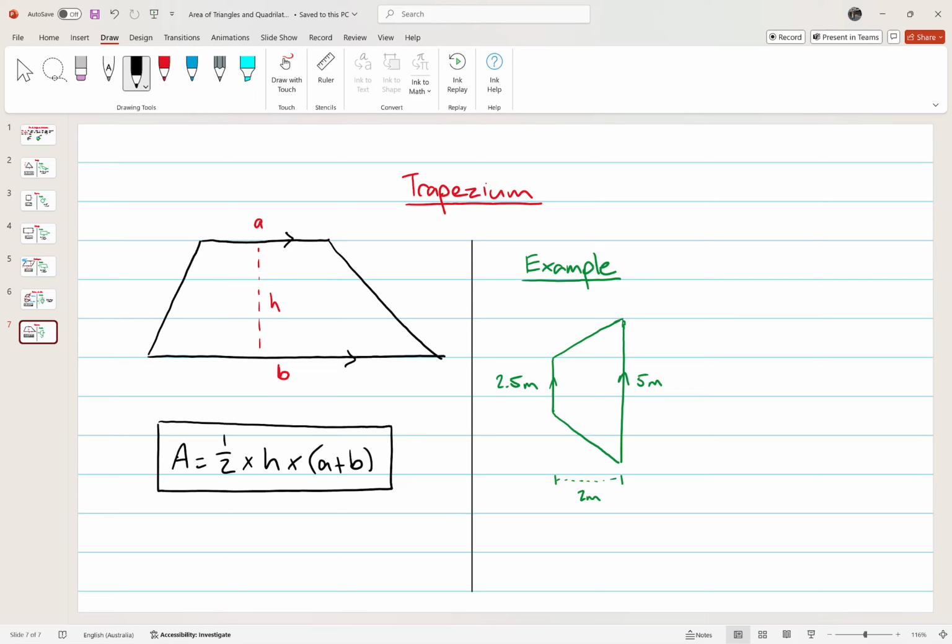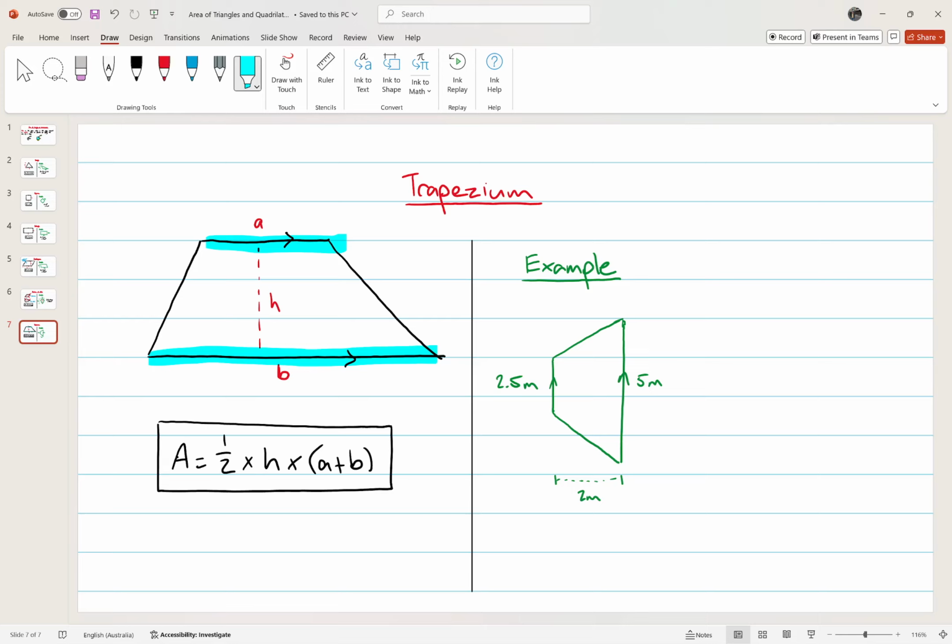And then our last shape for this video is the trapezium. Trapezium is probably the most complicated one in this video, but it's still not too bad. What a trapezium is, we see is we have two sides that are parallel to each other. So this side here and this side here are parallel, meaning if they were to go forever, they would never touch.